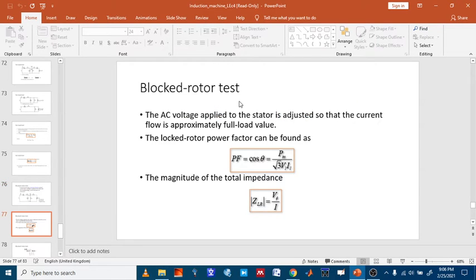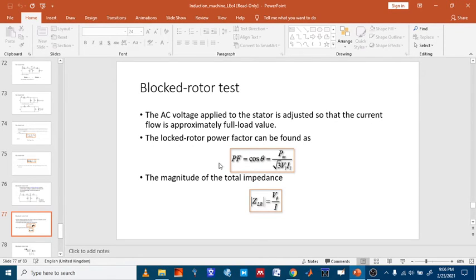Okay, let's look at something. The AC voltage applied to the stator is adjusted so that the current flow is approximately the full load value. The locked rotor power factor can be found.